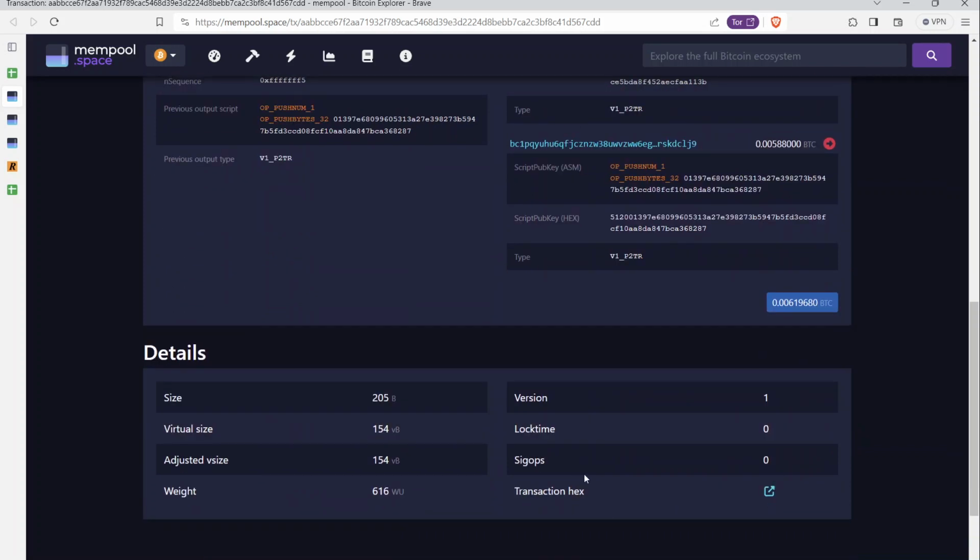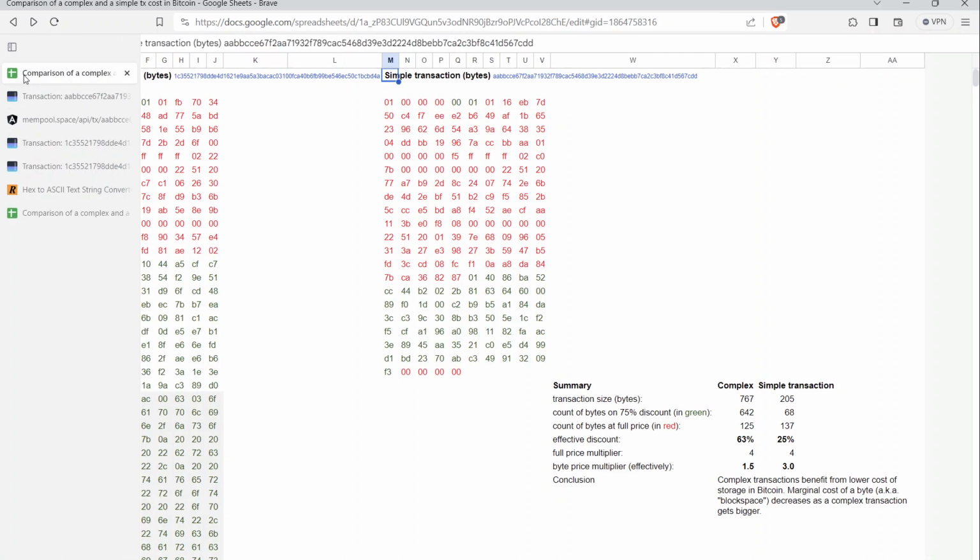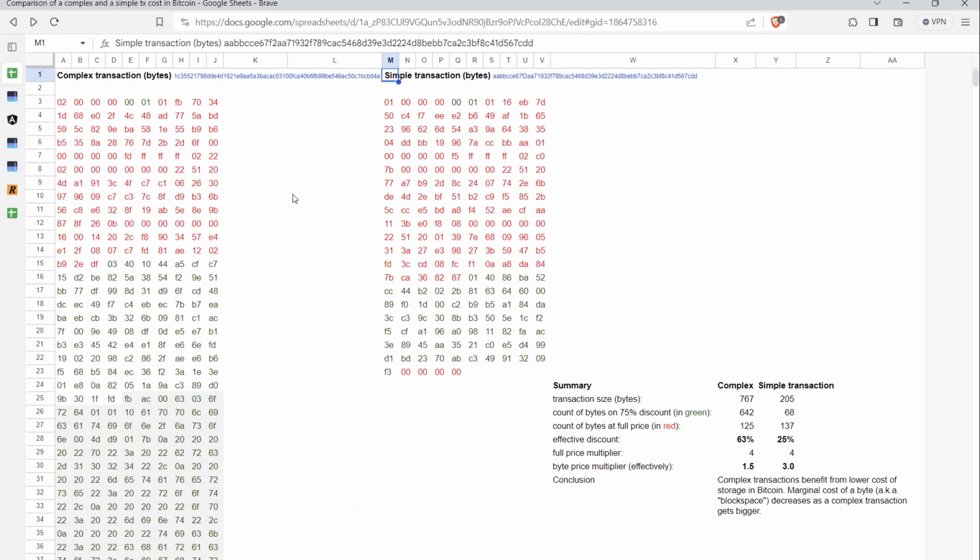If we go here and see transaction hex, then we'll be presented with the hexadecimal representation of the data that constitute the transaction. So let's go back to the spreadsheet. It shows exactly the same hex data in those two areas.